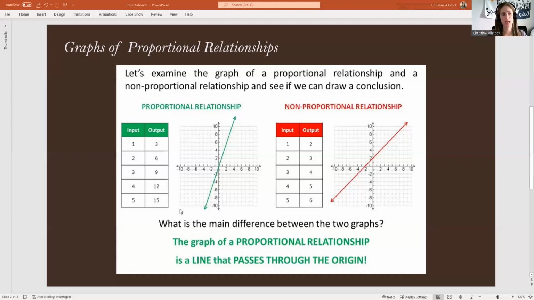The second thing that makes it a proportional relationship is that it goes through the origin. So that's that 0, 0 point. That's the center of your graph. Those are the two requirements that make something proportional, which is why this one over here in red is not proportional. Yes, it is still a straight line.